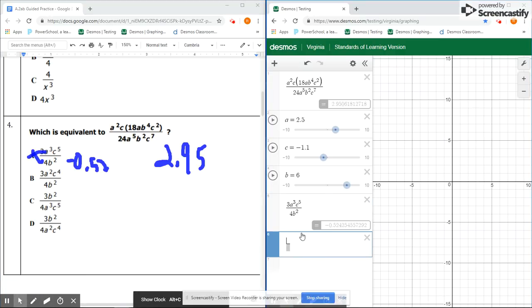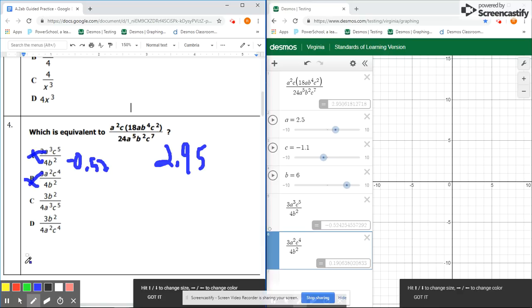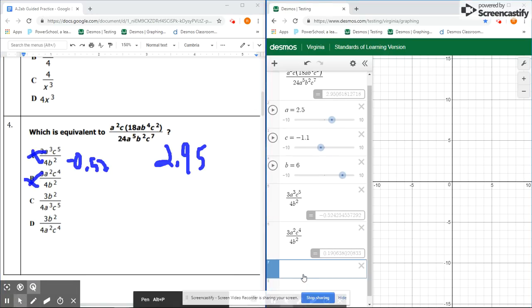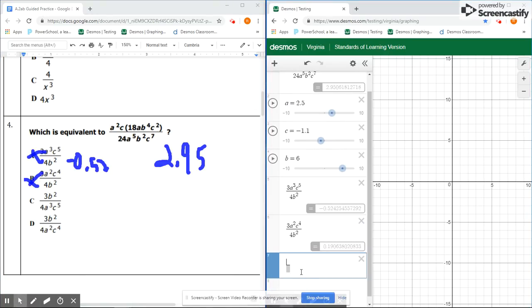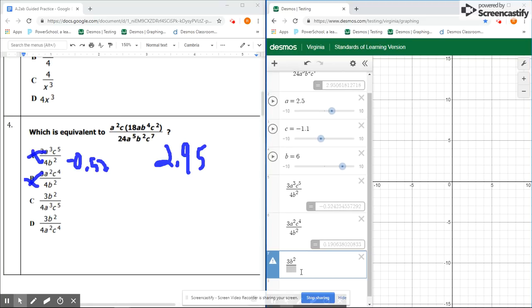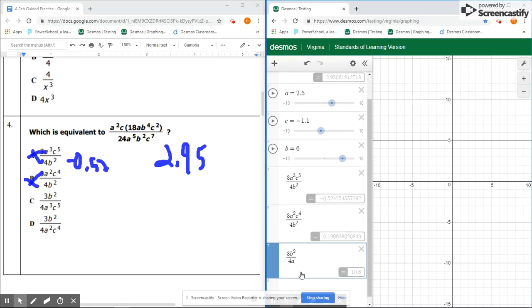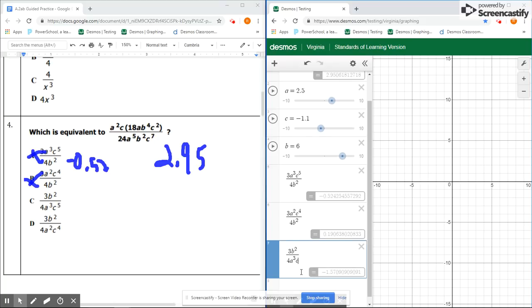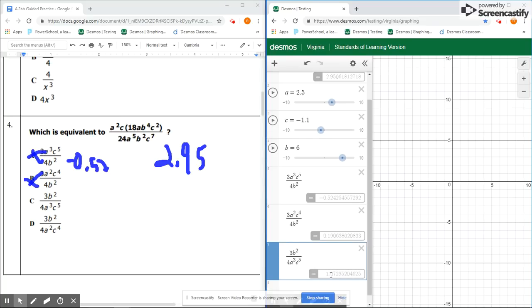We have fraction bar 3a squared c to the 4th divided by 4b squared. Denominator 4b squared. 0.19, that's not the same. Okay, let's try C. We have fraction bar 3b squared divided by 4a to the 3rd, c to the 5th. That is negative 1.07.